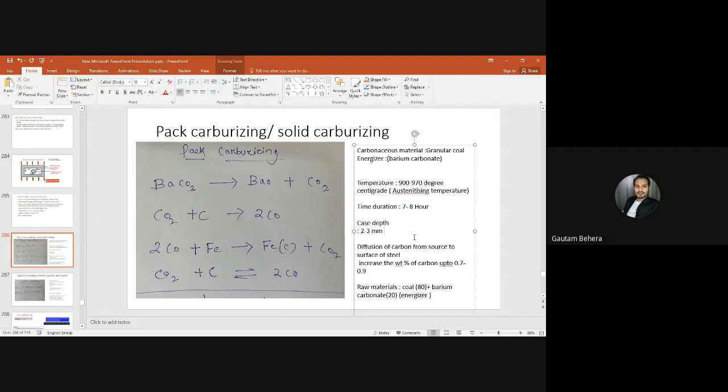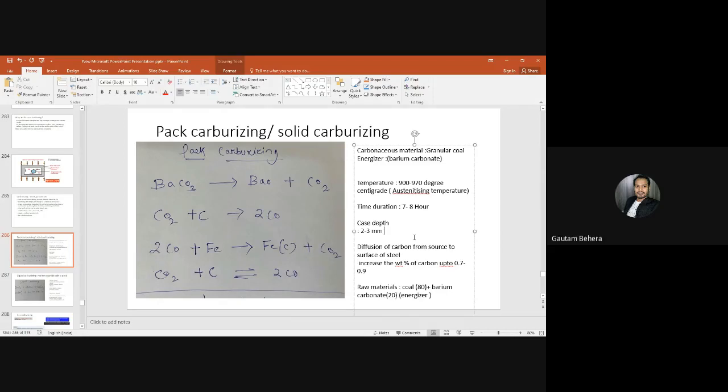So we want a steel which should have high wear resistance and high toughness. But on one end, we are improving the weight percentage of carbon onto the surface, which will increase the wear resistance of the steel. But on the other end, the grain will become coarser at the core also.